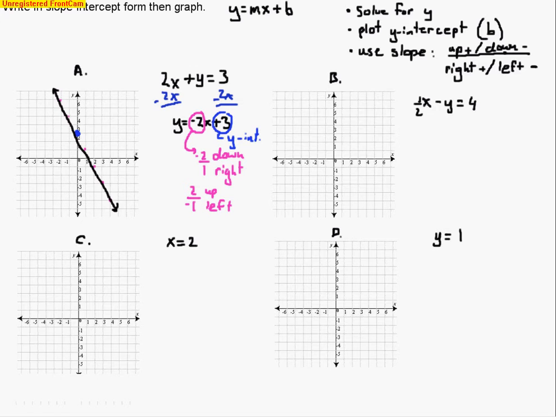Let's take a look at this next one. Here we've got 2 extra steps we're going to end up having to do. First one is the same as the last problem. We have to move the x term over to the right-hand side. By subtracting that 1/2 x, we'll cancel it out from the left-hand side.